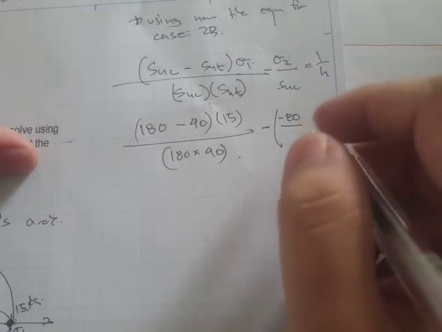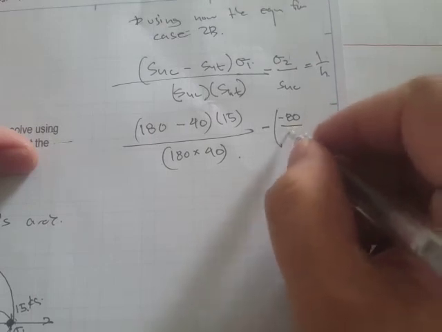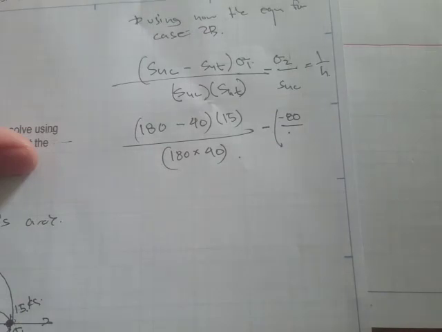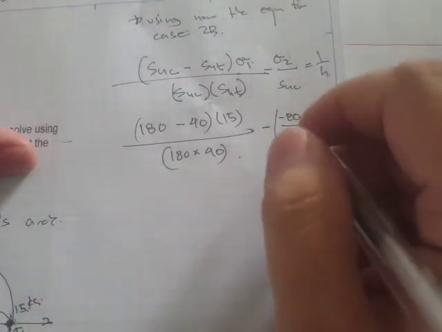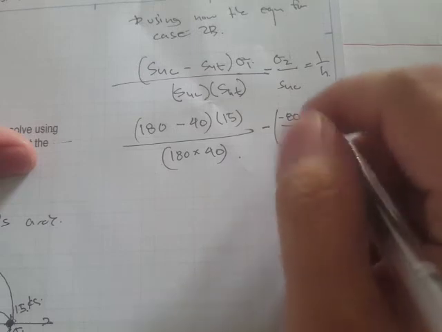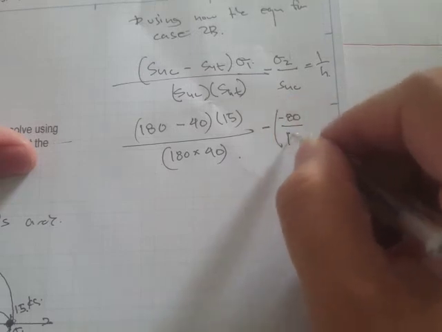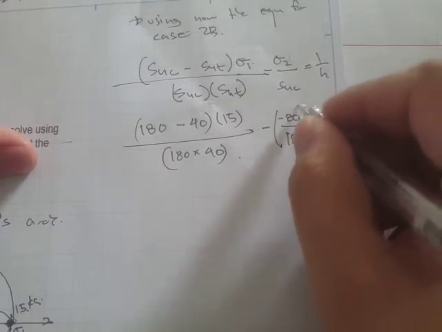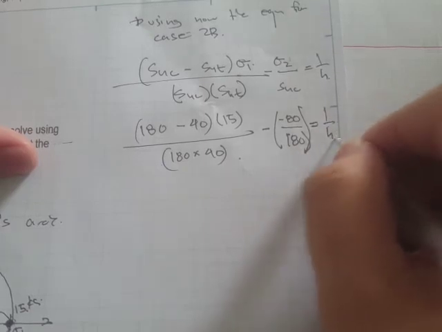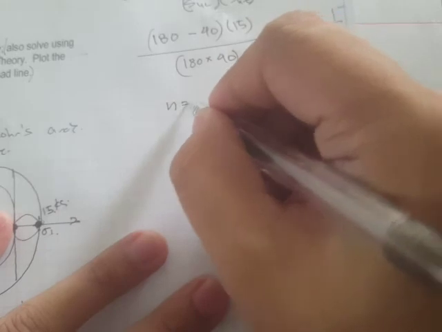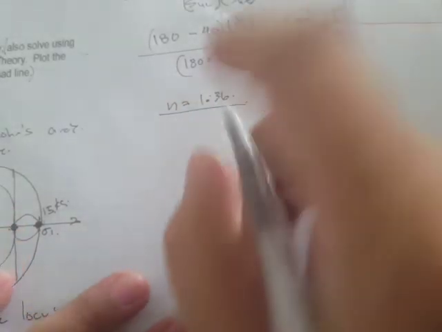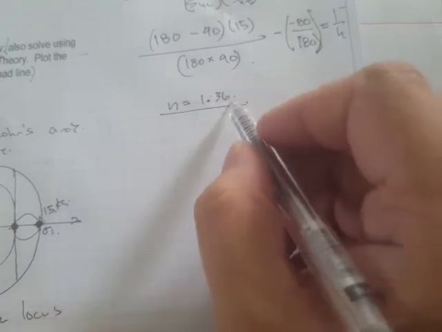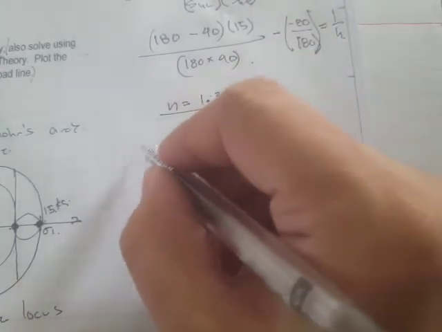Negative 80 divided by SUC, which is 180, is equal to 1 over n. If you do the computation, we get n equal to 1.36. So that's the factor of safety.